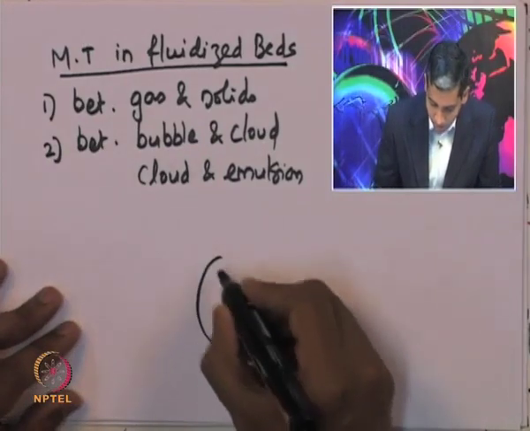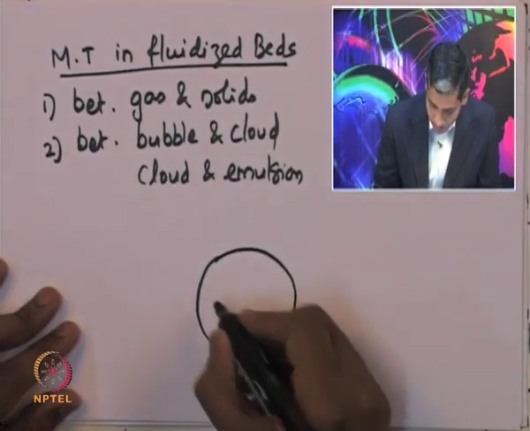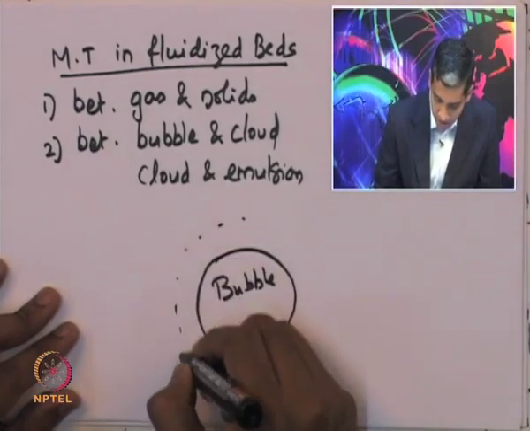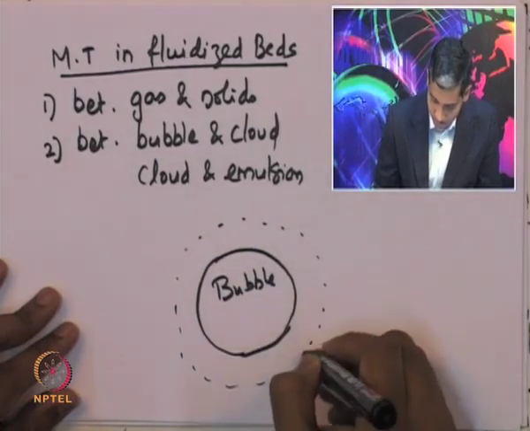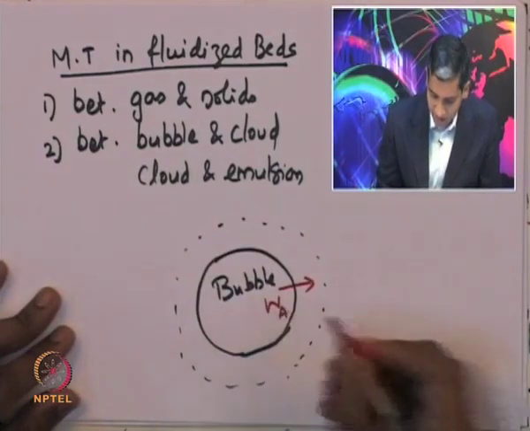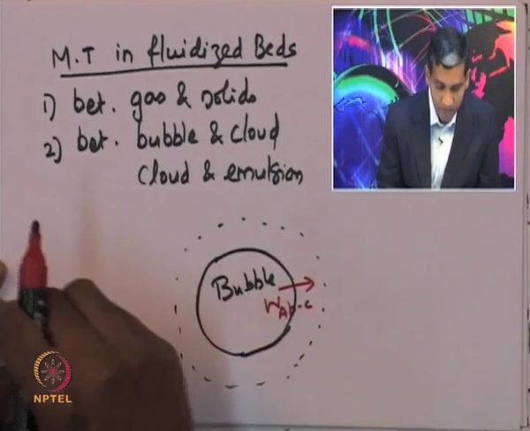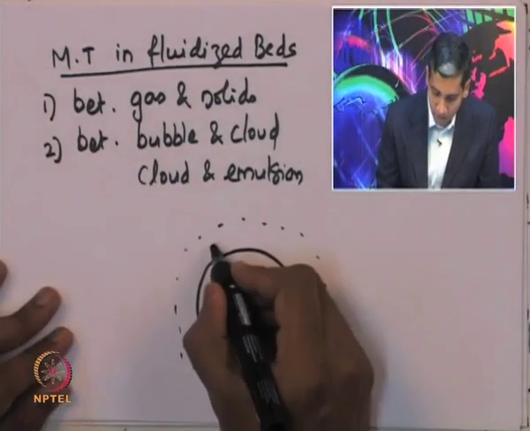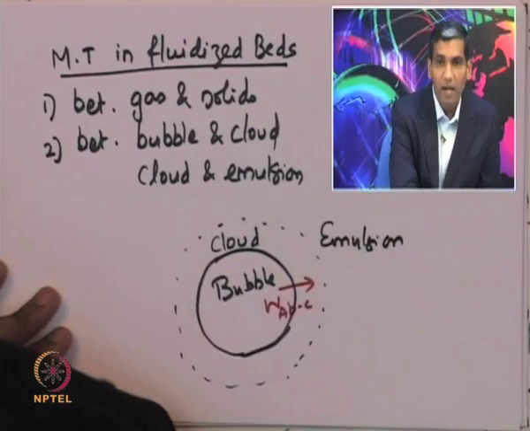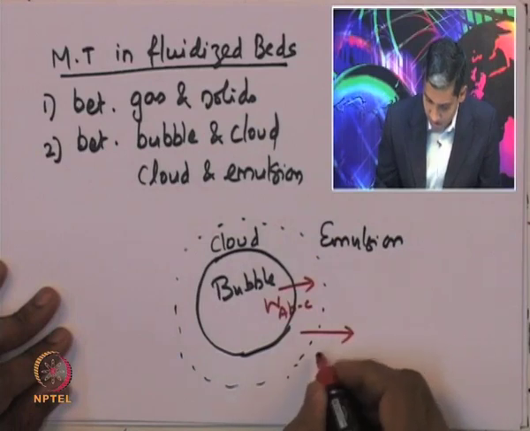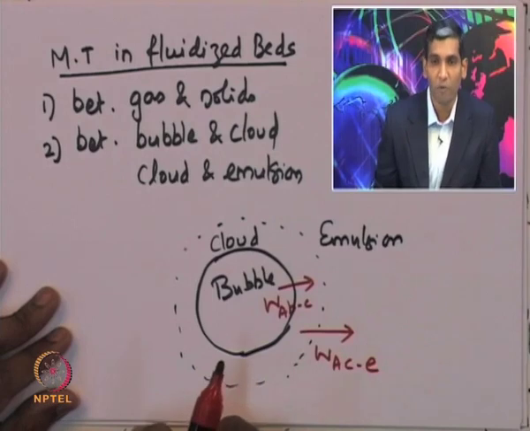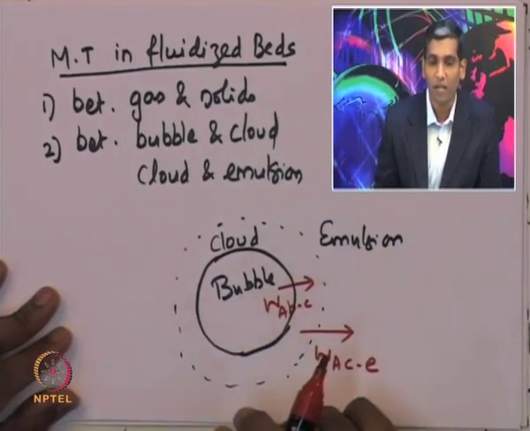Suppose this is the bubble, and the cloud is present around here, and this is the emulsion region. If A is the species, W_A,B to C is the transport from the bubble to the cloud region, and W_A,C to E is the flux, or rate of transport, from the cloud to the emulsion phase.